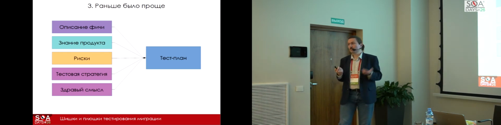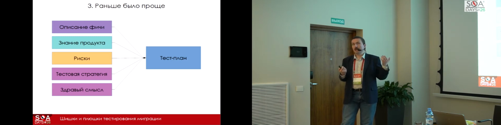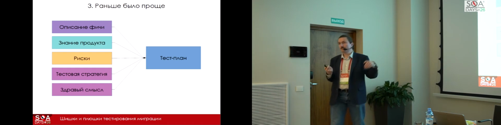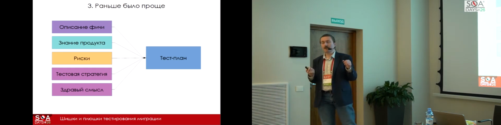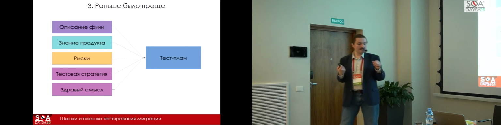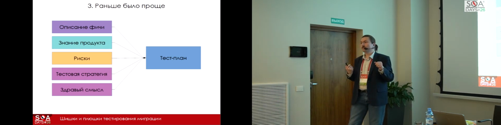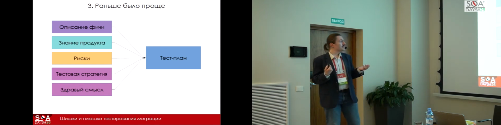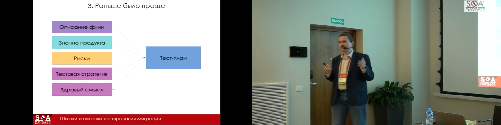Then we have the knowledge of the product. We know what to focus on. This is more reliable, this is less reliable. And for example, we know the risks. We take notice of some areas.